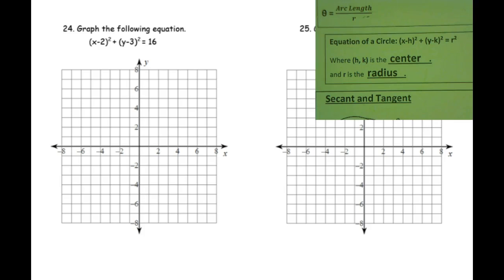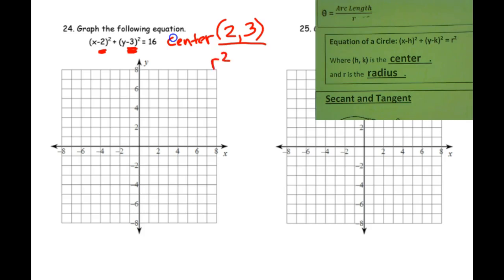So, let's see here. The center is going to be the opposite of this and the opposite of this. So if this is minus 2, my center is going to be positive 2. If this is minus 3, my center is going to be positive 3. So 2 comma 3, right? So 16 is not my radius.